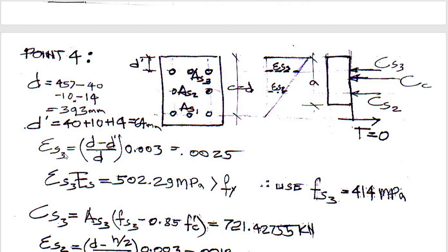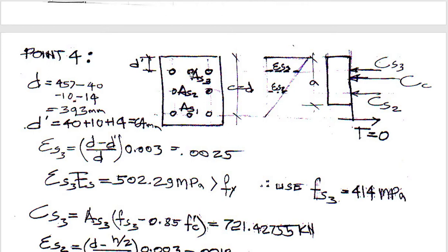Next, for the Fs3, Fs3 is equal to strain in steel multiplied by elasticity, which is 502.29. Note that this is greater than Fy, meaning nag-yield na yung steel 3.